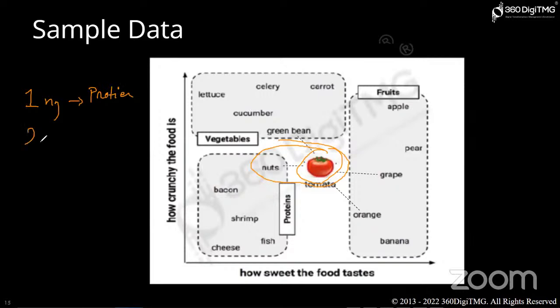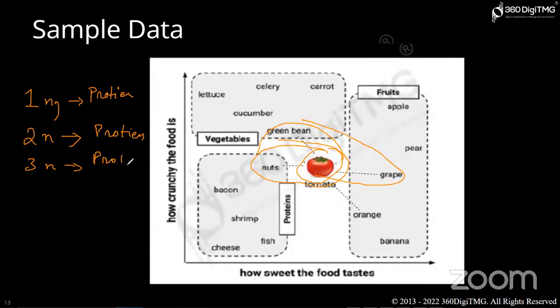But then we increase the neighbors. We take two neighbors, and we also have green bean, but as the distance of nuts is smaller, it is still a protein. Then we take three. It is still a protein, because this grape, suppose, comes into the picture, which is a fruit, but the smallest distance is still for nuts only.